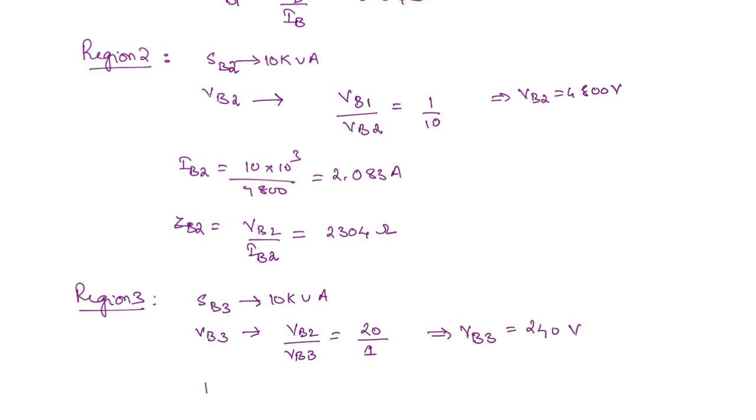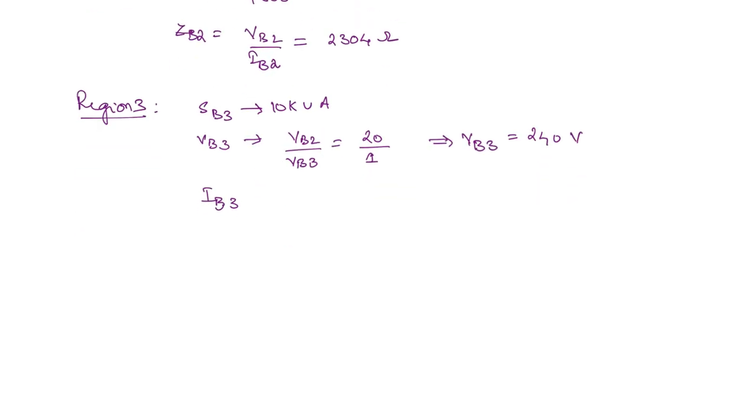Okay. Similarly, you can find out the base current and the base impedance values. Okay. So I'm writing the final answer. This you're going to get 41.67 amperes, and ZB3 is 5.76 ohms. This is the first part of the question, to find the base values for each of the regions.